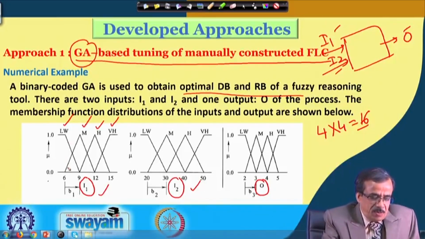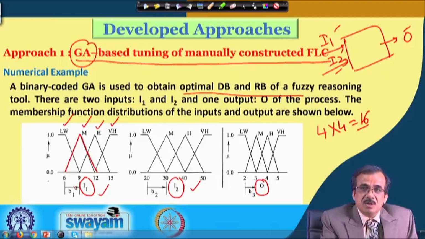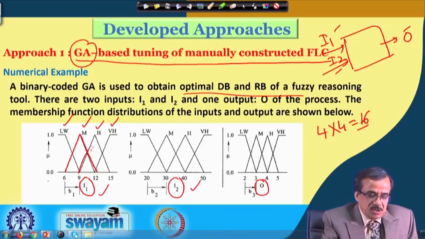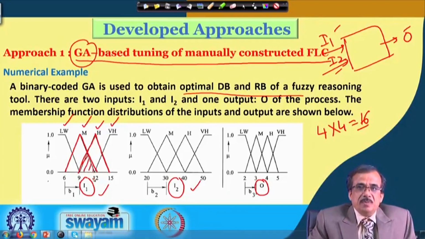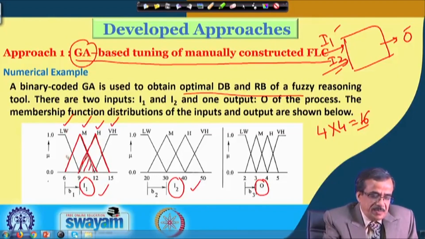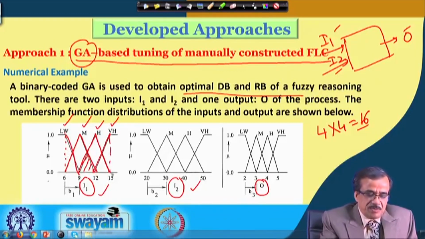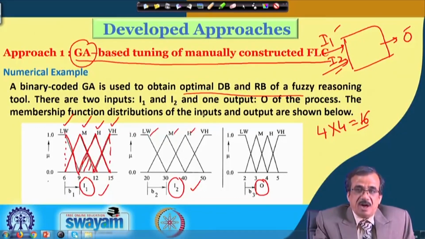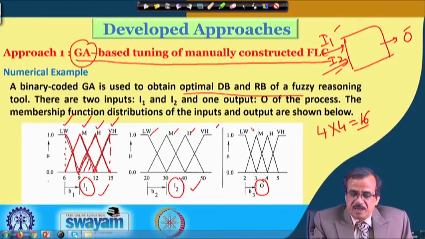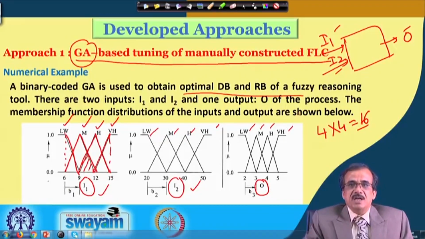As I told, for simplicity, we have considered that the membership function distribution is triangular. For medium and high, we have considered isosceles triangles, and there is an overlapping region also, and for low and medium, in fact, we are going to consider some sort of right angle triangle, and similarly for I2 and O. So, we have the membership function distribution for low, medium, high and very high, and here once again low, medium, high and very high.